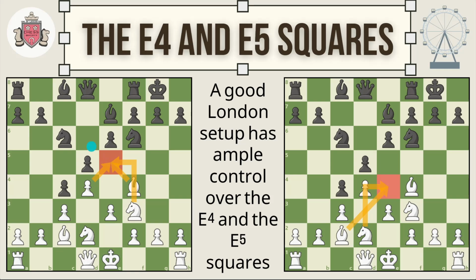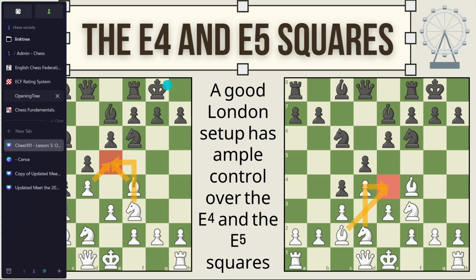Compare that to black. How many pieces or pawns do you think they have controlling that center e5 square? What do you guys think? One? So someone's saying one, someone's saying none.